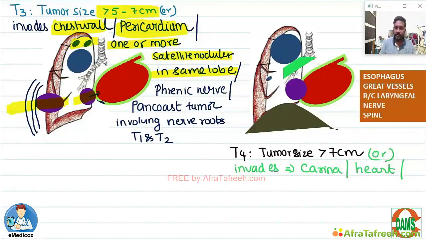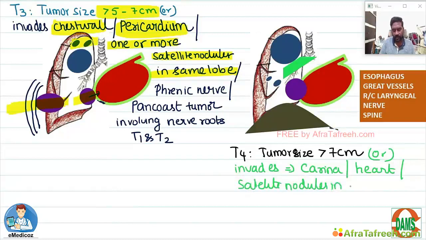Then satellite nodules in another lobe. Previously, suppose a tumor was found in the upper lobe, we were seeing satellite nodules in the same lobe. So here, let this be the primary tumor in the upper lobe; you can see satellite nodules in another lobe, the middle lobe.